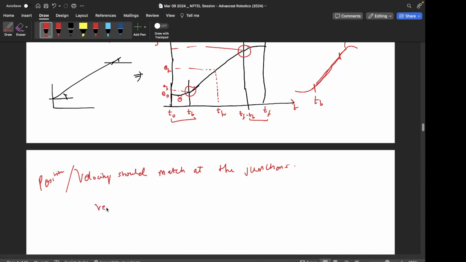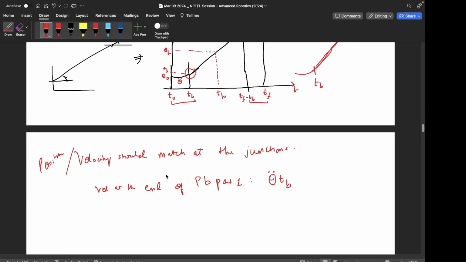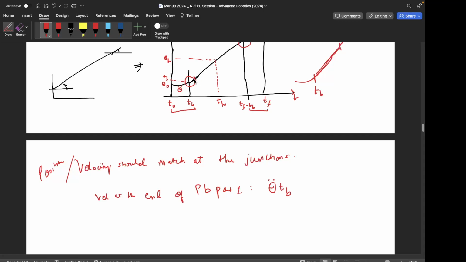So velocity at the end of the first parabolic part is, let's say we have constant acceleration, so theta double dot times tb, right? This is the velocity. And we will write the velocity from the linear part also, and we will equate them. So from the linear part the velocity can be written as the slope of this line, so slope is this tan theta.